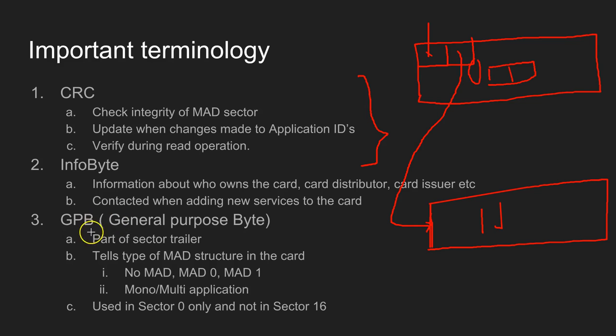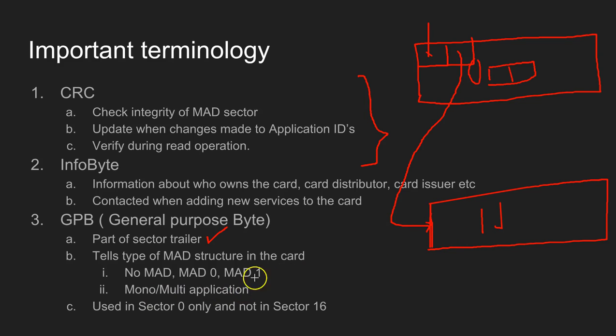One more important terminology is the GPB, called general purpose byte. This is part of the sector trailer, and this GPB tells you whether the card has a MAD1 or MAD2. This basically tells you whether the card is using 16 sectors or the 39 sectors, the 4K.